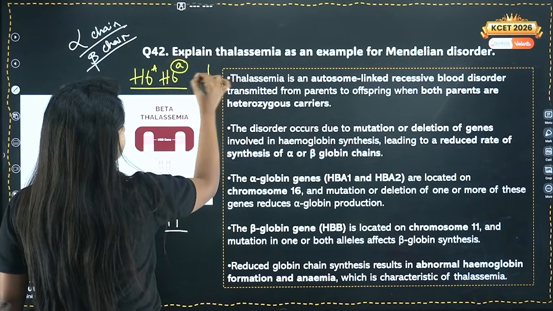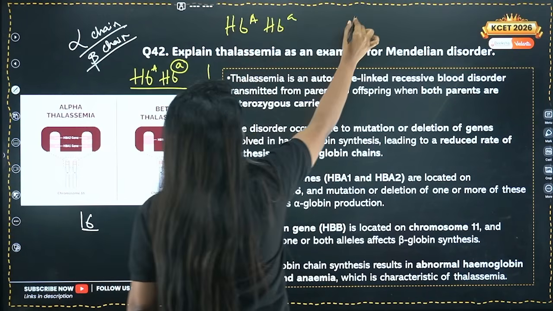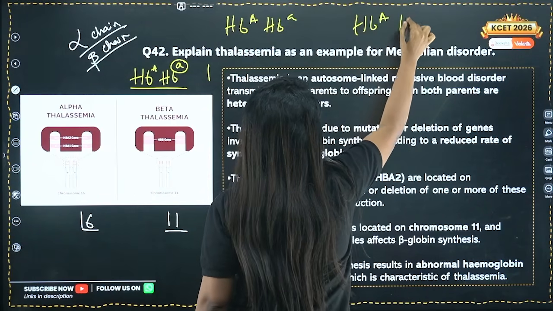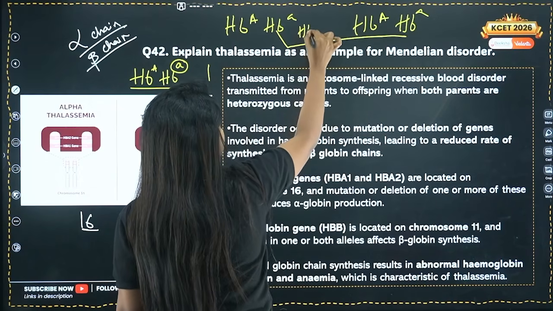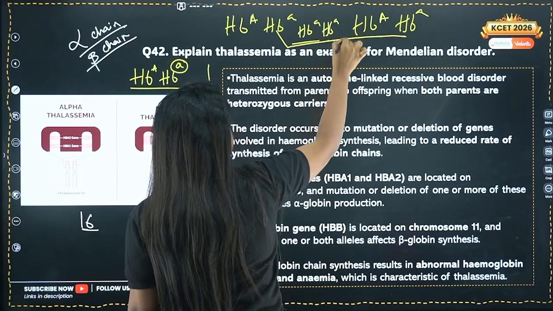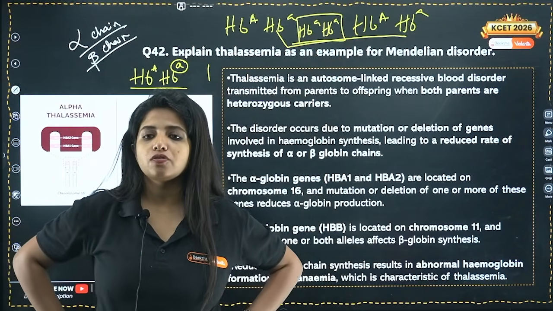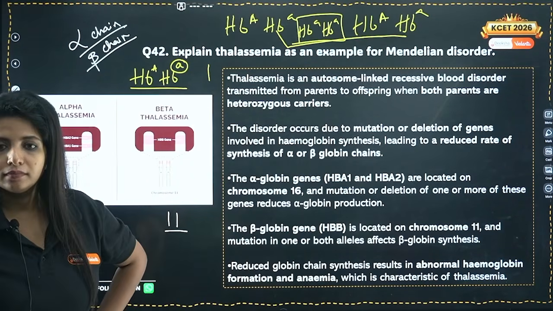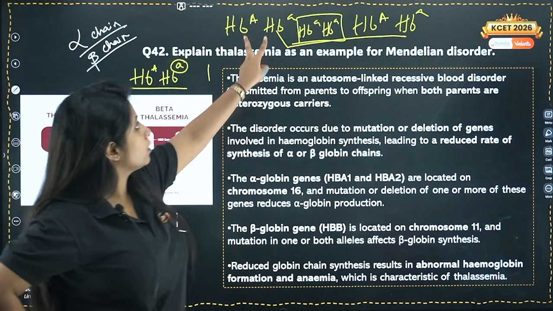Similarly, the other parent is also like this. Normal gene is there, but abnormal is also there. Suppose this and this come together, this is going to show the disease. Got it? So if they are heterozygous carriers, the alleles are different.